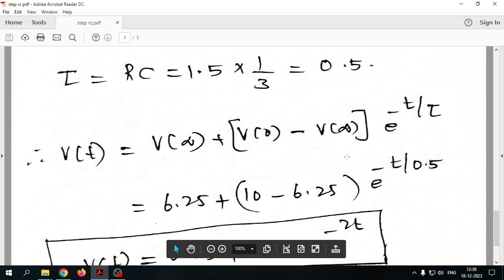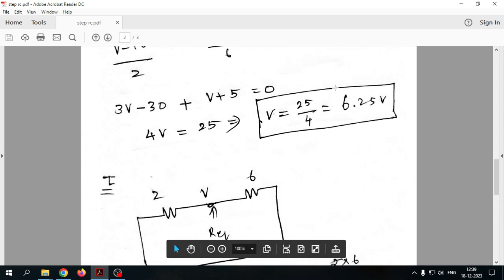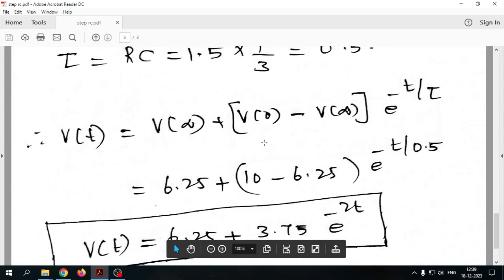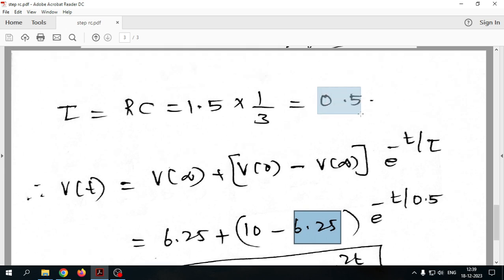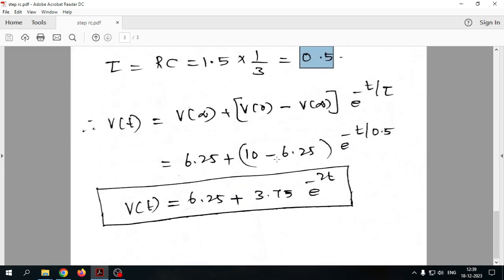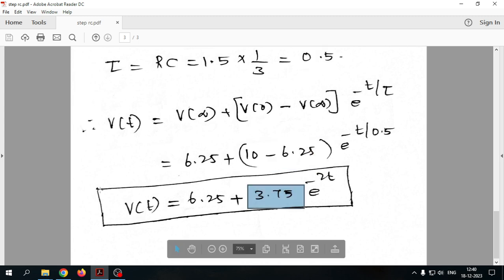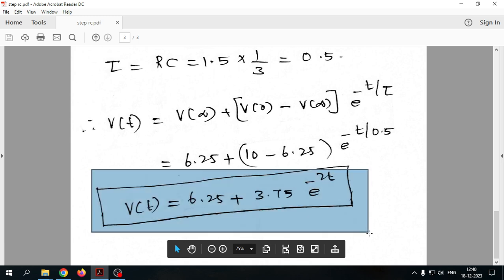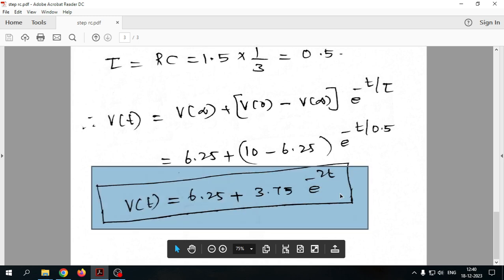By replacing all the terms with numerical values, we got V of infinity is 6.25 and V of 0 initially we got 10, minus 6.25, into e power minus t by 0.5. 0.5 is your time constant, and if you do so, after subtracting this you'll get 3.75, and the final voltage V of t is equal to 6.25 plus 3.75 into e power minus 2t.